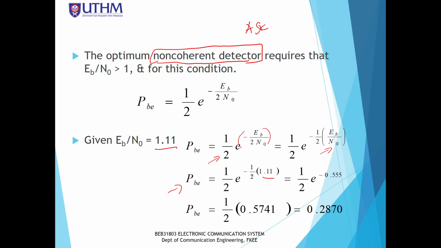So 1.11 multiplied by minus 1/2 gives minus 0.555. On the calculator I press shift ln and then minus 0.555, and I get 0.5740722, or 0.5741.